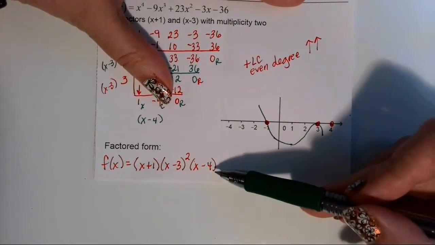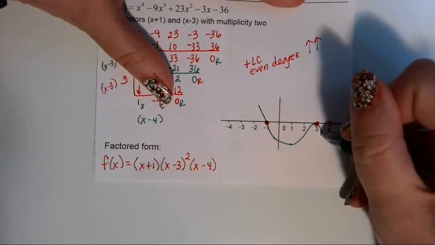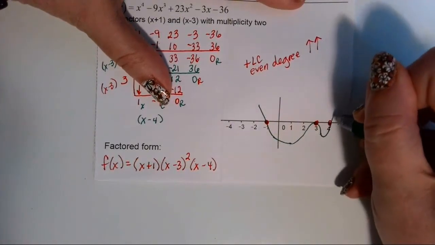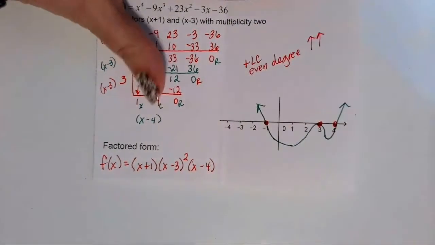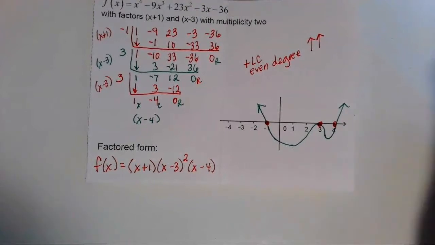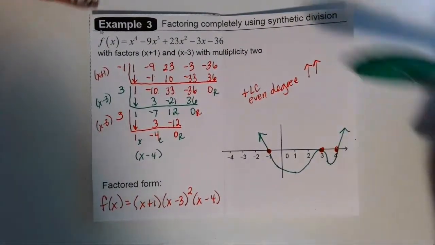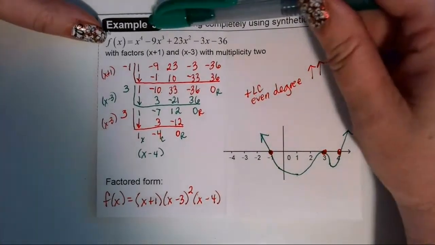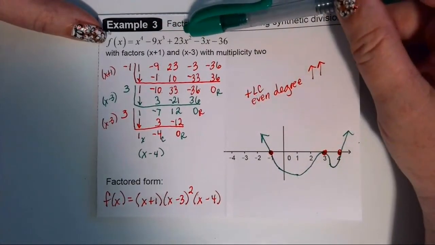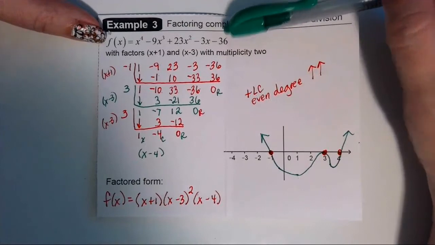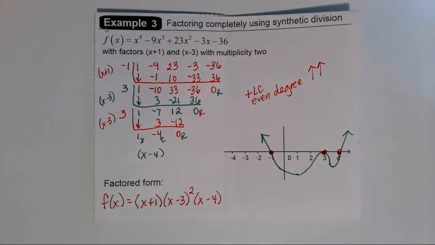And then I have a linear factor of x minus 4. That's another cross. So I turn and cross through the 4, and that would be the graph that accompanies this original polynomial x⁴ minus 9x cubed plus 23x squared minus 3x minus 36.